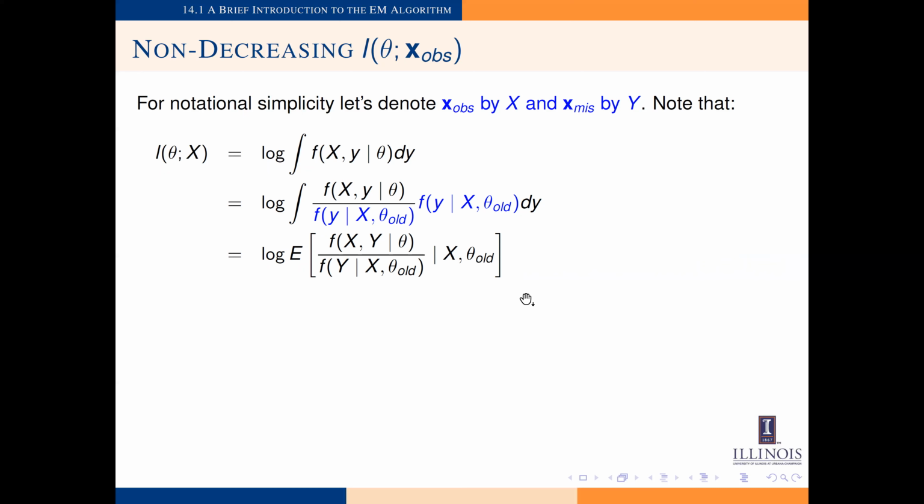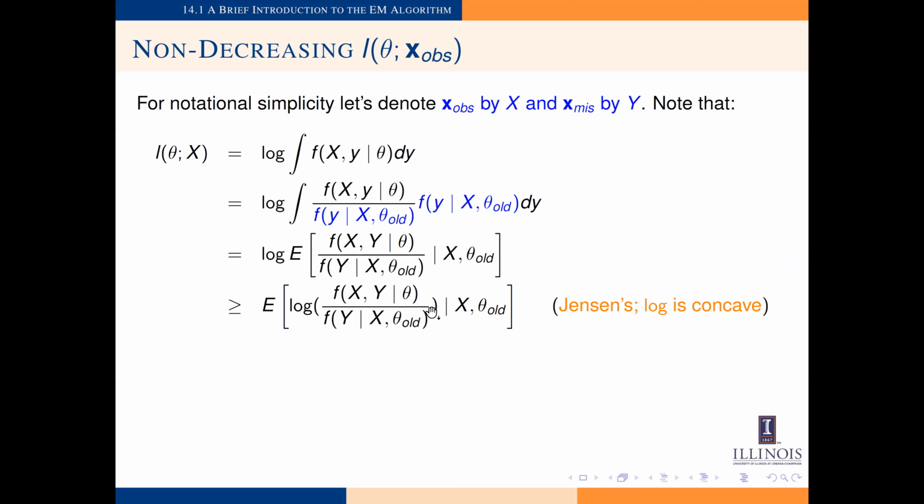Because this is an expectation, we can apply Jensen's inequality. Let's note that the log function is a concave function. So by Jensen's inequality, we have that the log of this expectation is larger than or equal to the expectation of the log. You can verify that the equality holds when theta is equal to theta old.